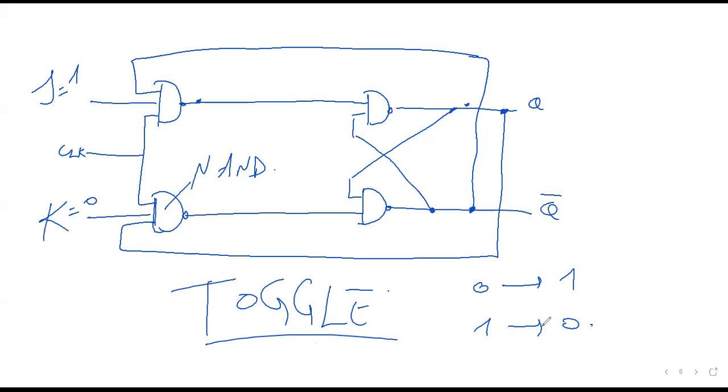I think we can see most of the flip-flops that we are adding, they all originate from the RS flip-flop. The limitations of the RS flip-flop lead us to some of these, the JK and the D flip-flop. 1 minute 58 seconds. Any questions? Any comments?